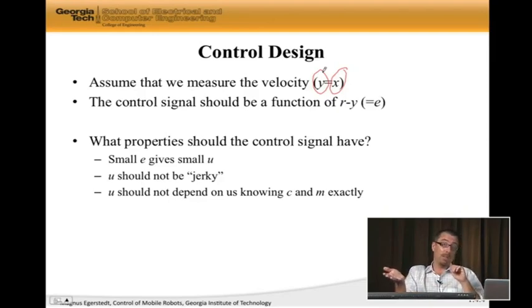This is in part related to the fact that they design controllers that are robust to variations in mass across a certain spectrum. Same thing for cars. The cruise controller should work no matter how many people are in the car. And we don't want to know C. What this means is that the controller cannot be allowed to depend exactly on the values of C and M. So these are the three high-level properties that we have to insist on our control signal to have.